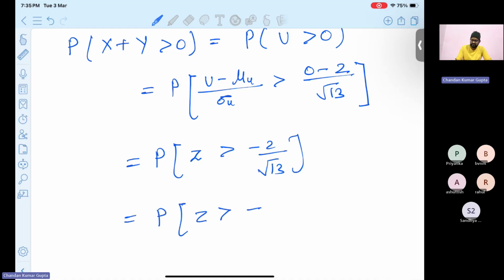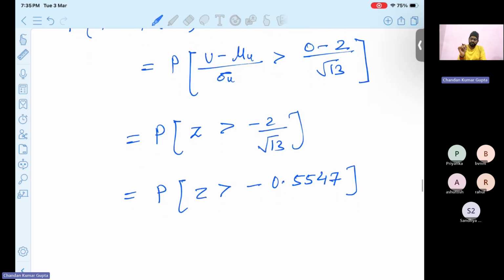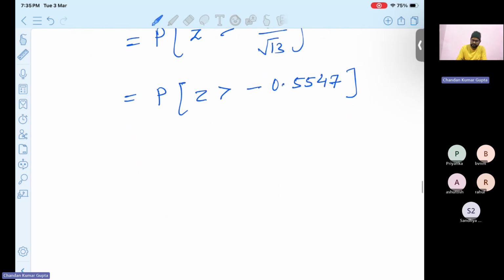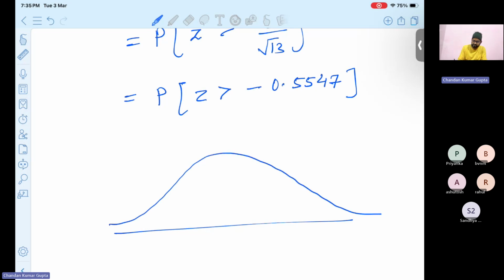It is 0.5547. Now the next step is to draw the curve. Always draw the curve in the case of a normal distribution. Suppose this is the curve. So here it is z equal to 0.